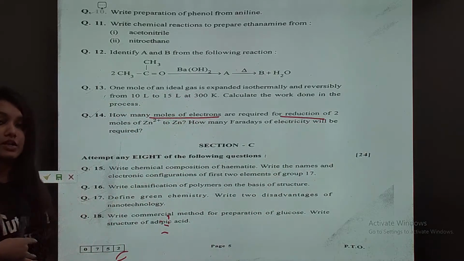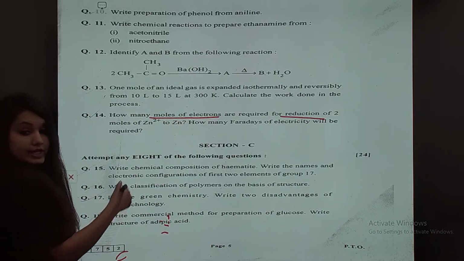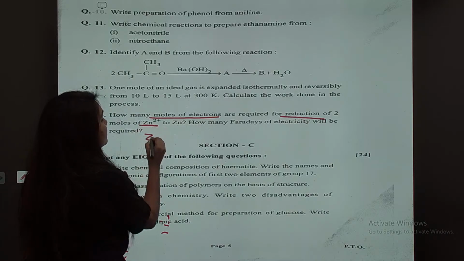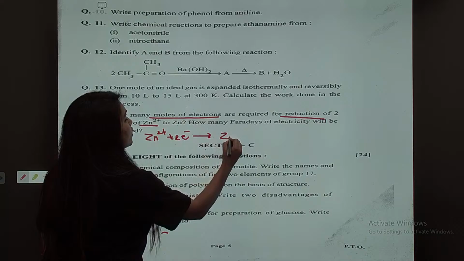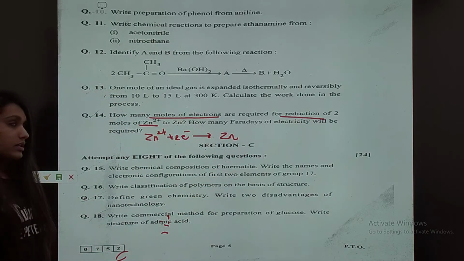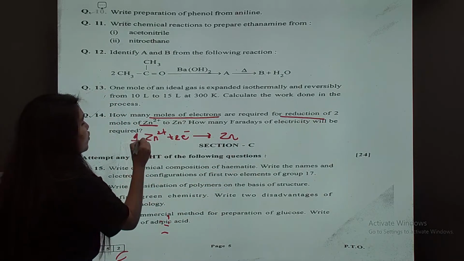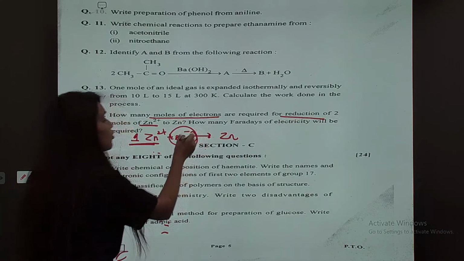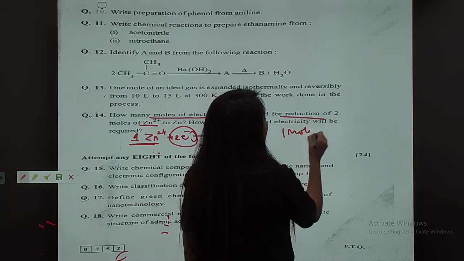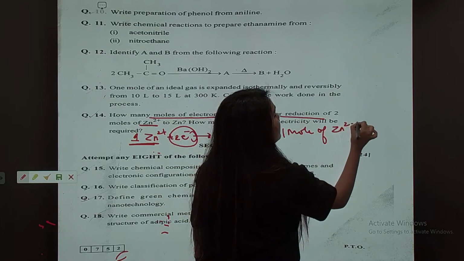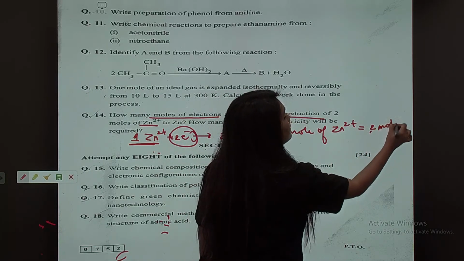Addition of electrons, gain of electrons. So Zn2+ will gain 2 electrons and convert into Zn. If you look at this reaction, 1 mole of Zn2+ requires 2 moles of electrons. I can simply do the cross multiplication. 1 mole of Zn2+ requires 2 moles of electrons.